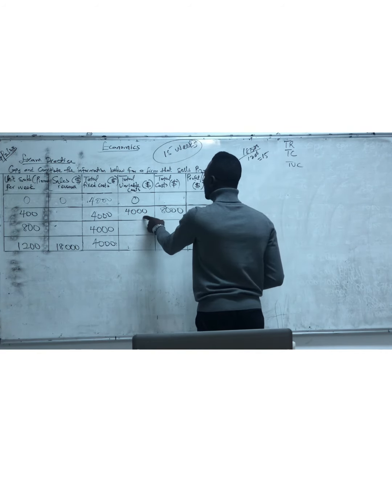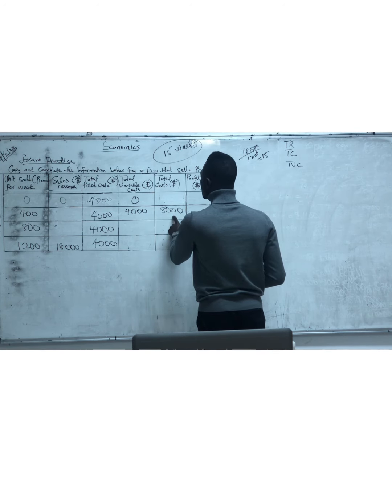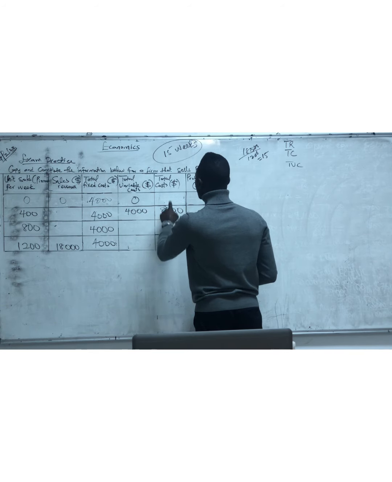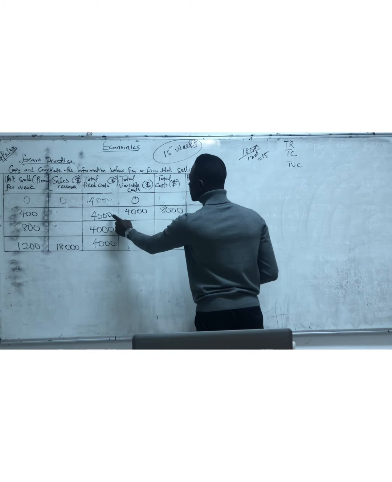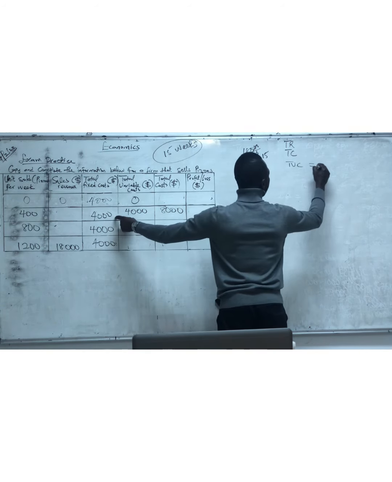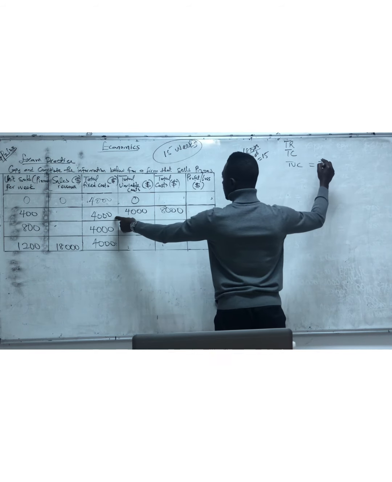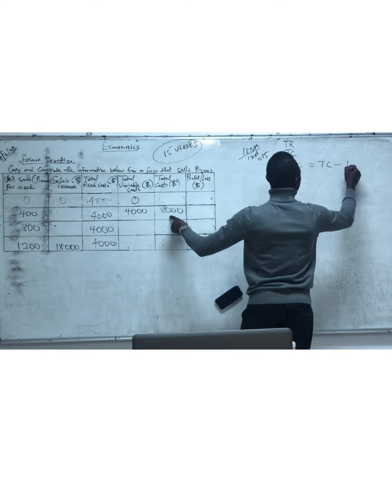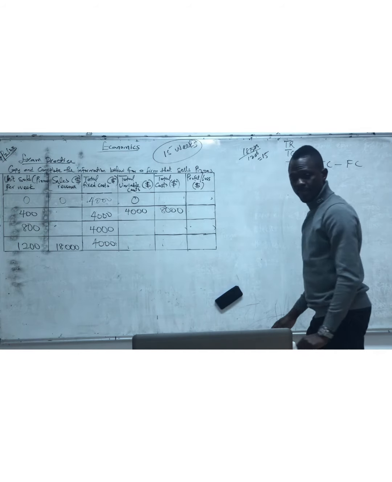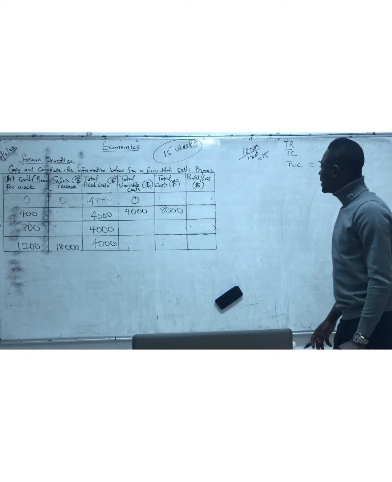So how can we get our TVC? Our TVC could be TC minus FC. TVC is what? TC minus FC. Are you getting it?